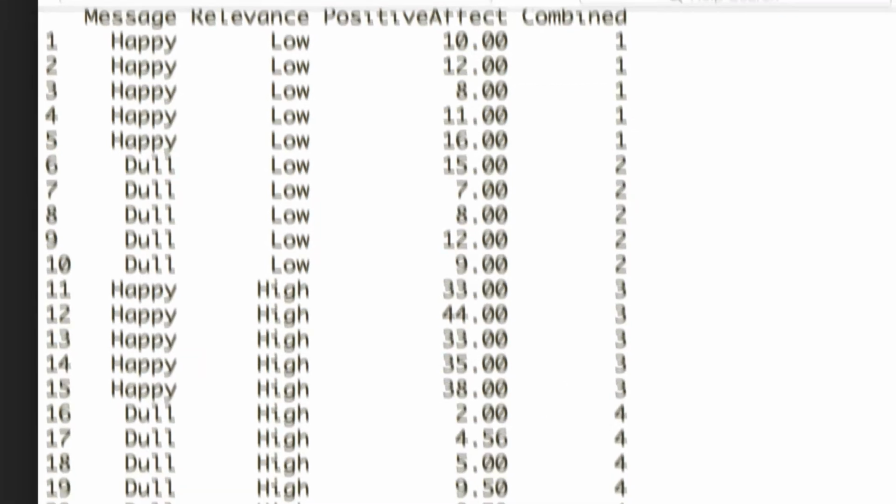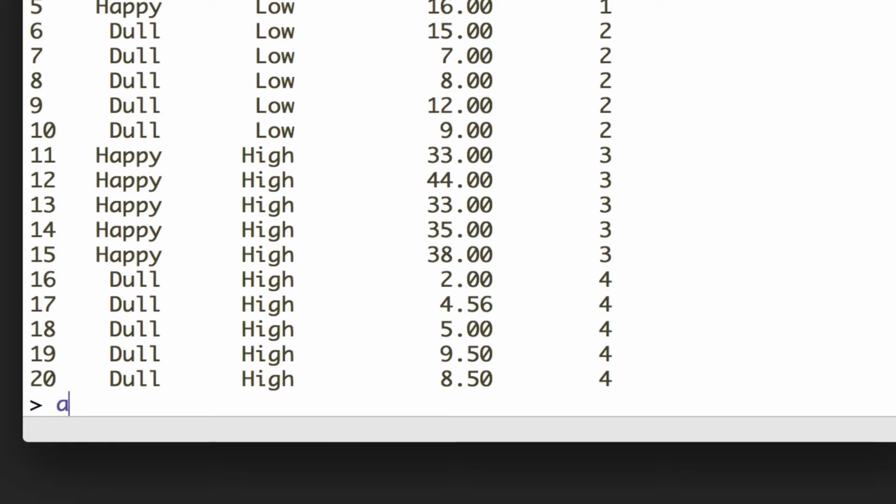To do that, I'm just going to overwrite what's already there, overwrite the numbers.